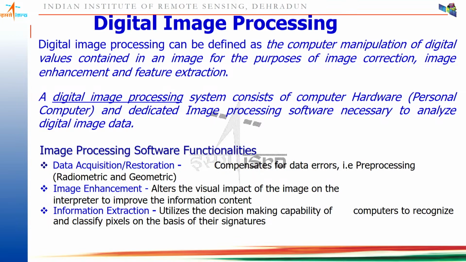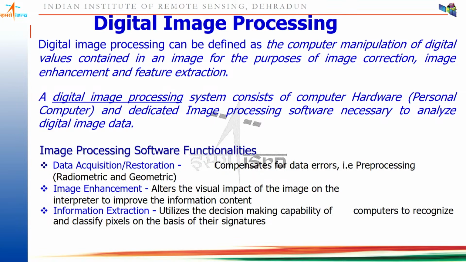So to do processing, I should have a processing system. A digital image processing system, just like any other processing system, will be based on hardware and software. Hardware can be any simple personal computer, because nowadays desktop PCs or even laptops have sufficient capability to do image processing.